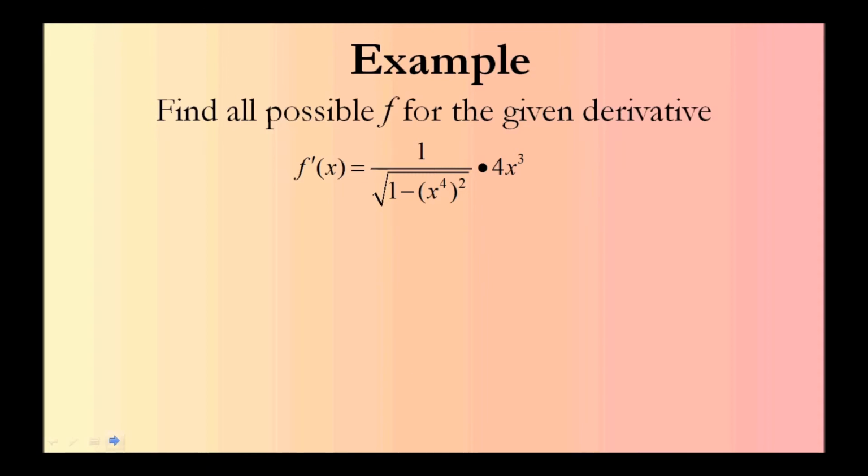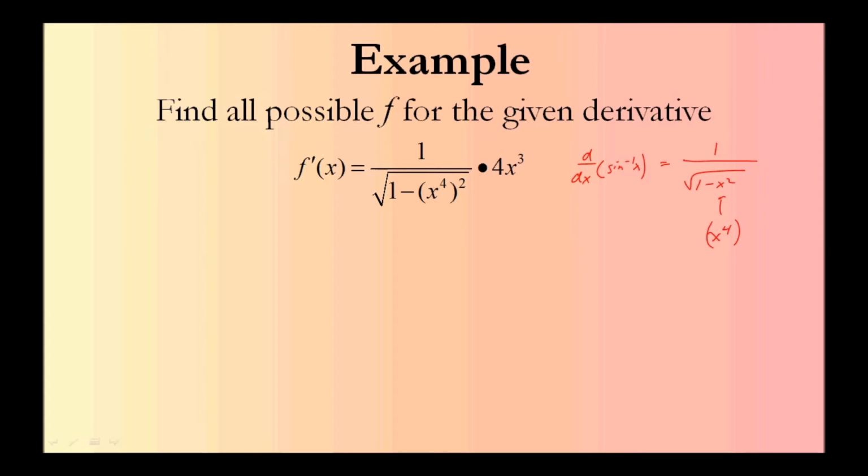But what we can do is recognize that this is the arcsin identity. So let's look at d dx of inverse sine or arcsin is equal to 1 over the square root of 1 minus x squared. We can view x here as x to the 4th.